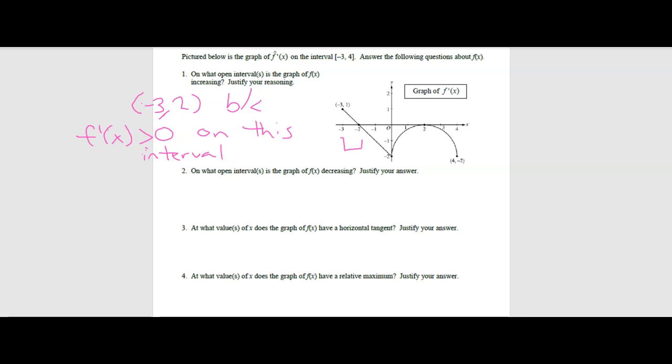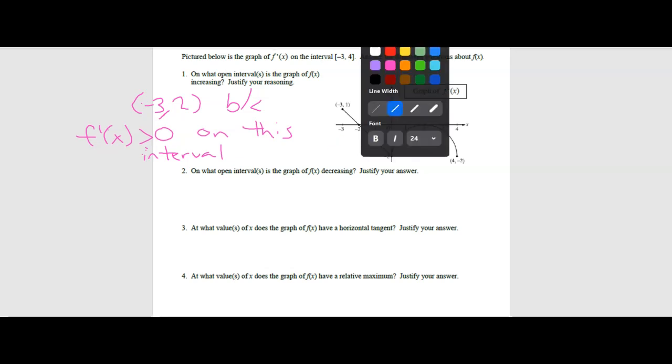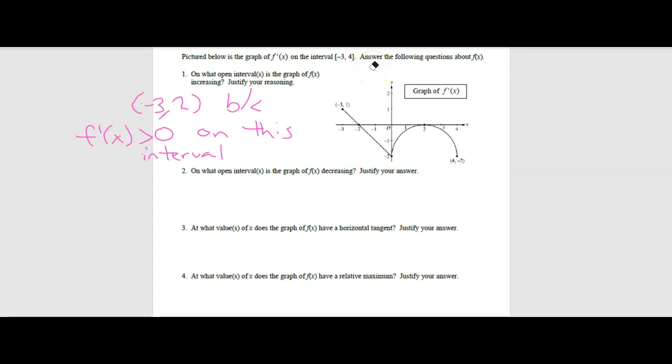Question number 2 says, on what open intervals is the graph of f of x decreasing? So we need to look for where the derivative is negative, because that's going to be where the original function is decreasing. So the open intervals are from -2 to 2 and from 2 to 4.